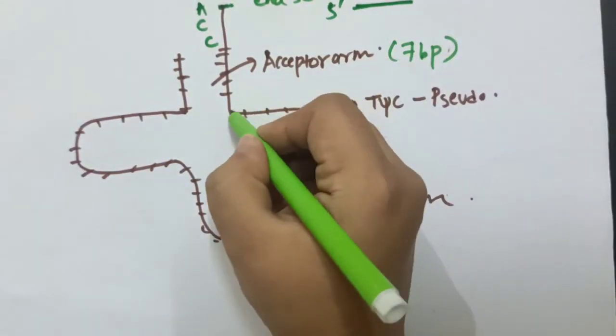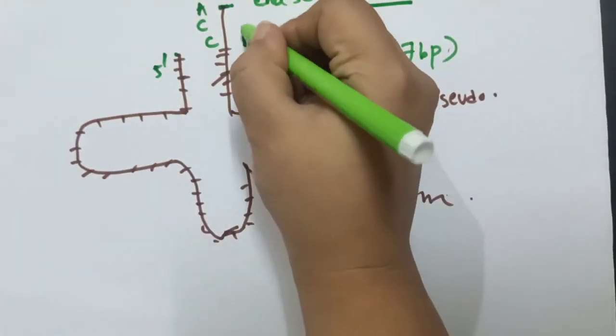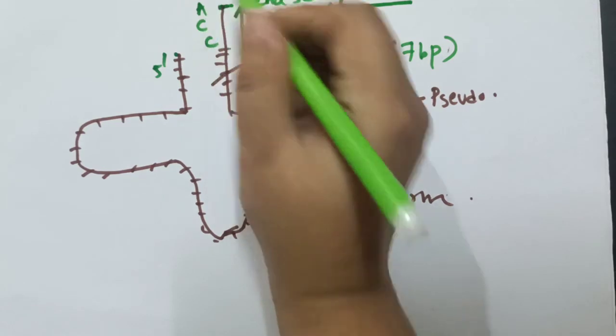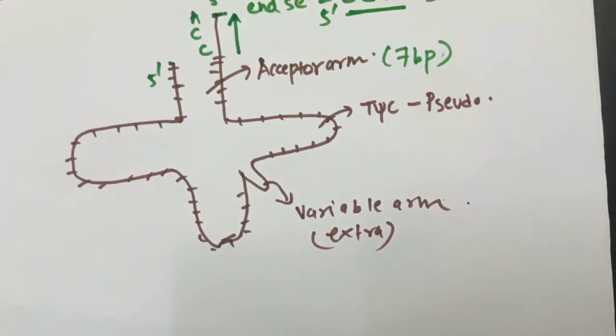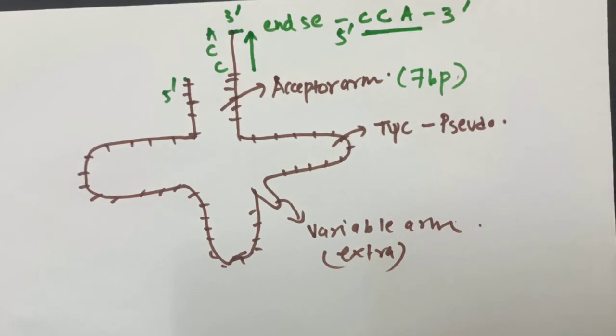So from 5 prime to 3 prime, this is the end sequence, that is CCA. It has about 7 base pairs and it carries the amino acid. That's all for the acceptor arm.